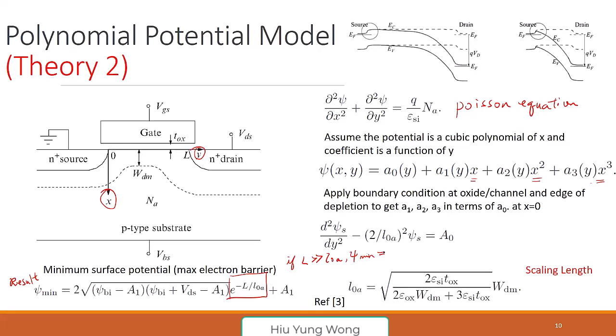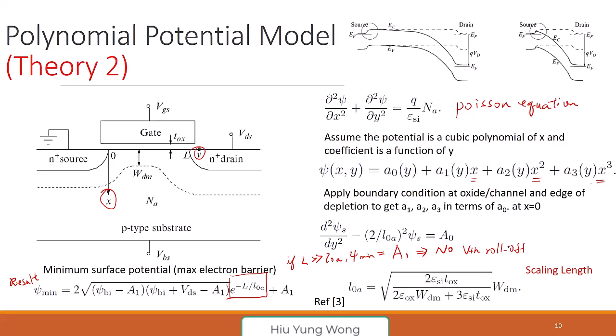It reduces to A1. Because e to the power negative a big number is 0, right? Then it means basically there's no VTH roll off. There's no VTH roll off in this case.